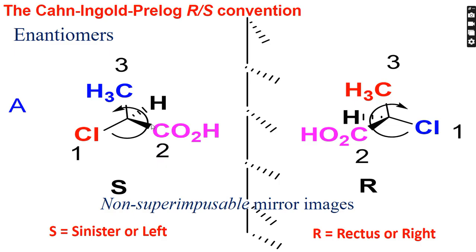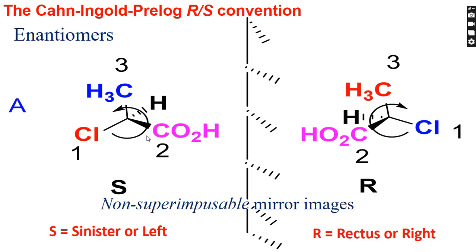According to the rules, when you view the molecule from the front, with the number 4 group in the back, if the priority order of the groups goes in the anti-clockwise direction, the name is S. S means sinister, which means left-handed. Here chlorine to CO2H to CH3 goes in the opposite direction, so it is called sinister, the left-handed molecule.